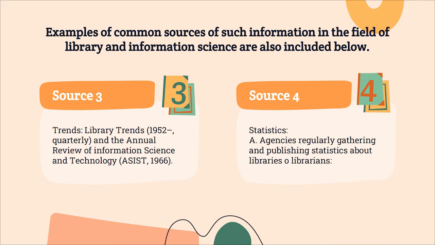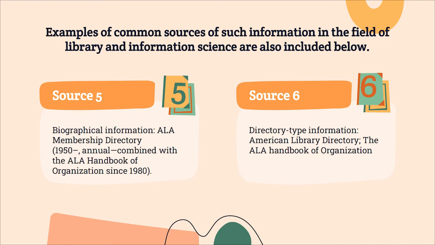4. Statistics: agencies regularly gathering and publishing statistics about libraries or librarians. 5. Biographical information: ALA Membership Directory, 1950, Annual, combined with the ALA Handbook of Organization since 1980. 6.